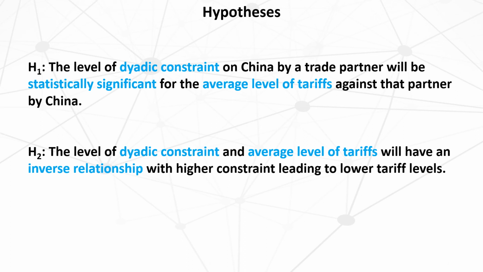And then my second hypothesis, following my theory, is that that level of dyadic constraint is going to have an inverse relationship with the level of tariffs, meaning that the higher the constraint, the fewer tariffs will be imposed on that node. Again, because you don't want to signal to a node that has connections to lots of other alters that you're going to impose these trade barriers, as that might make the other alters more hesitant to trade with you.